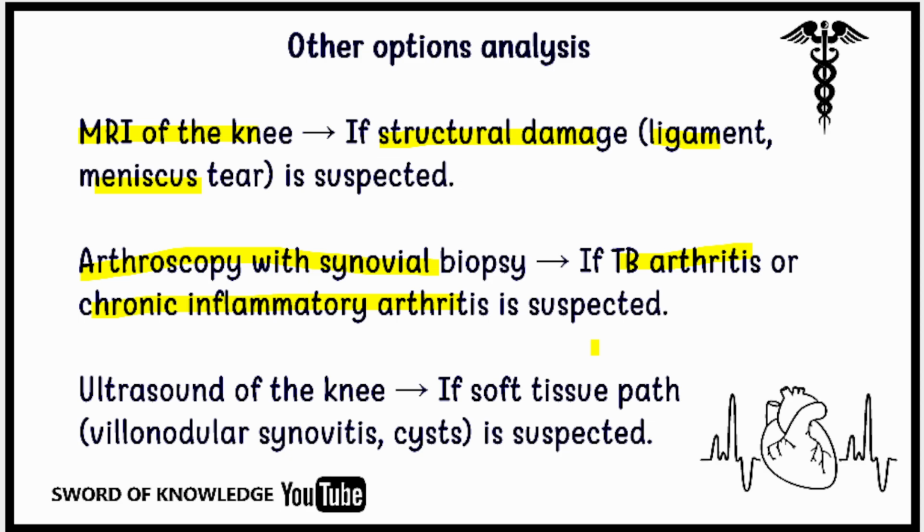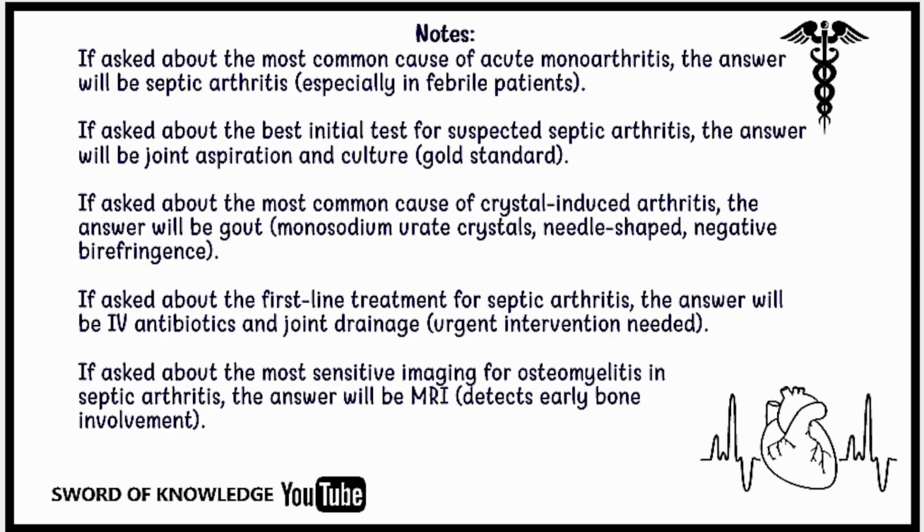If we are suspecting any kind of cyst or soft tissue pathology like villonodular synovitis, then we will do the ultrasound of the knee because it helps in this regard. And in this case, the best option will be joint aspiration.